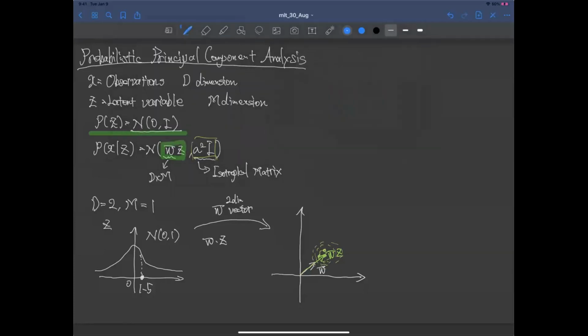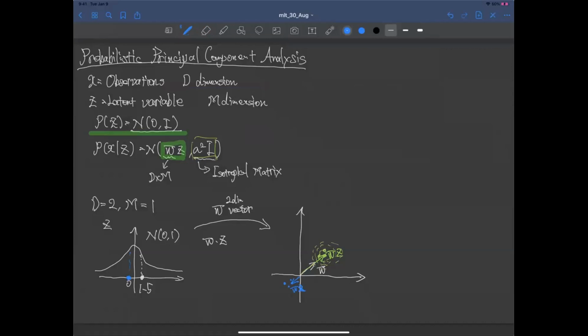Another sample is here, and this Z is a little negative, so WZ is maybe here. With variance, we sample here or a little distant from the mean. That's how we sample lots of data.